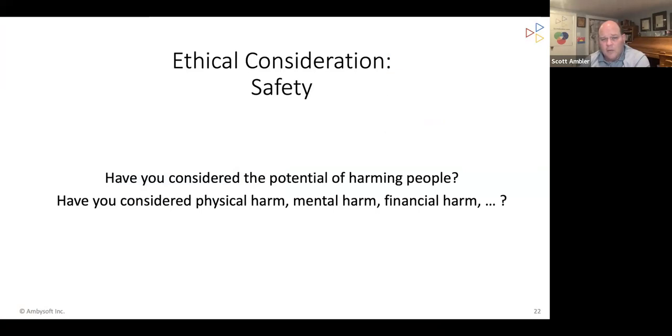So safety. Have you worked through the potential harm that you may be doing with this system, this model that you're building? This could be physical harm, mental harm, financial harm. There's a great book called Weapons of Math Destruction, which was written a few years ago. The name of the author is not coming to me at the present moment, but her book is incredible.